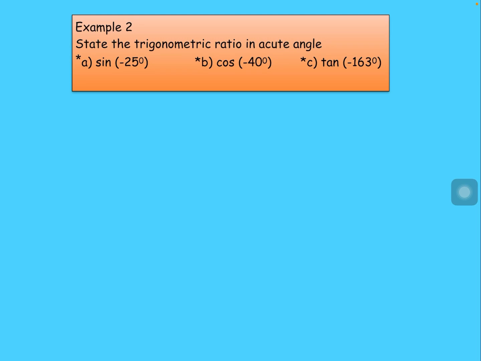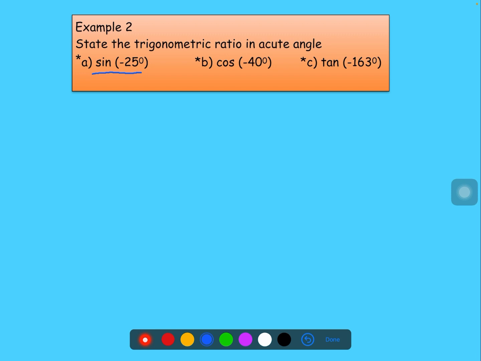Example 2. State the trigonometric ratio in acute angle. A, sine minus 25 degree, B, cos minus 40 degree, and C, tangent minus 163 degree.